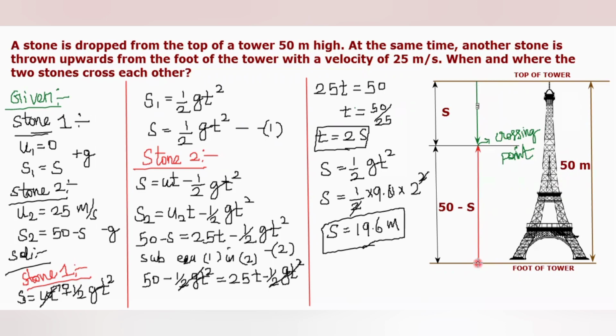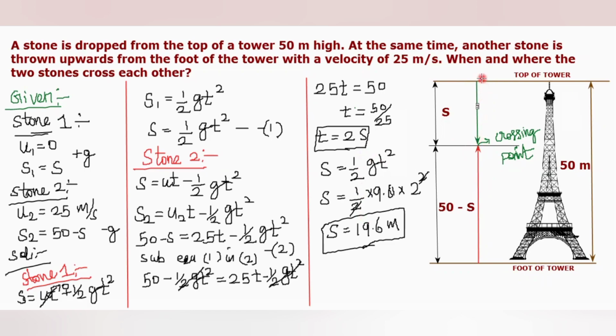At the same instant, a second stone is thrown upwards from the foot of the tower. At some point along this 50-meter distance, both stones cross each other. Here we have to calculate at what time and at what distance both stones cross each other.